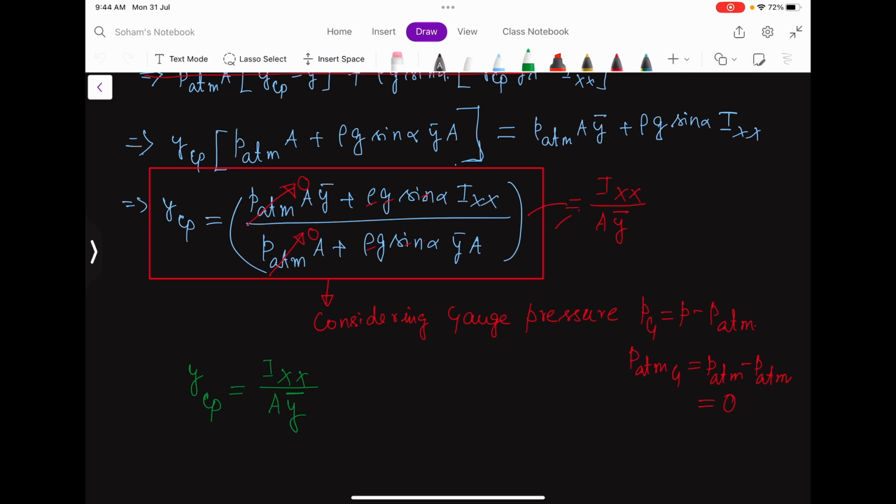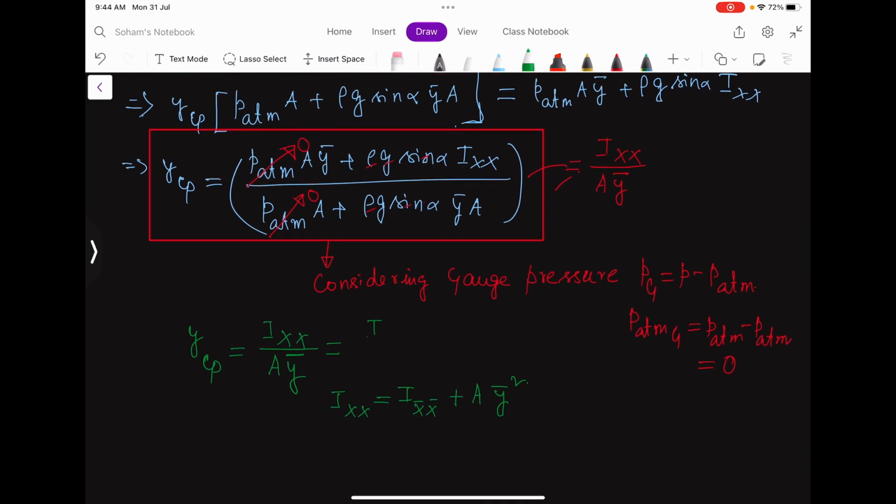So now Ixx is equal to Ixx bar plus A into y bar square, am I right?